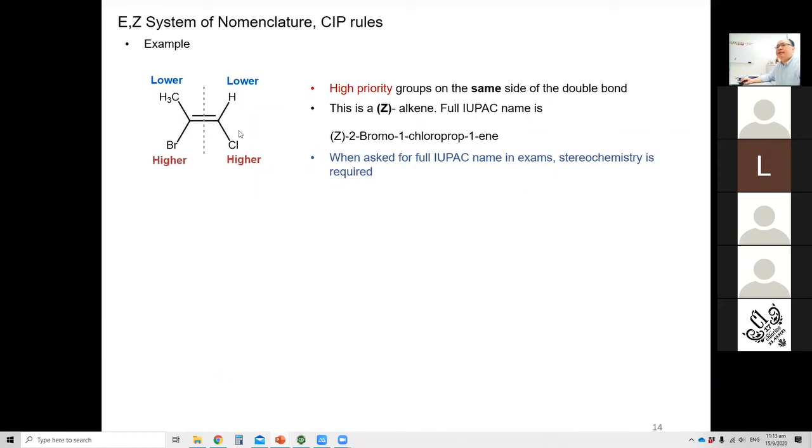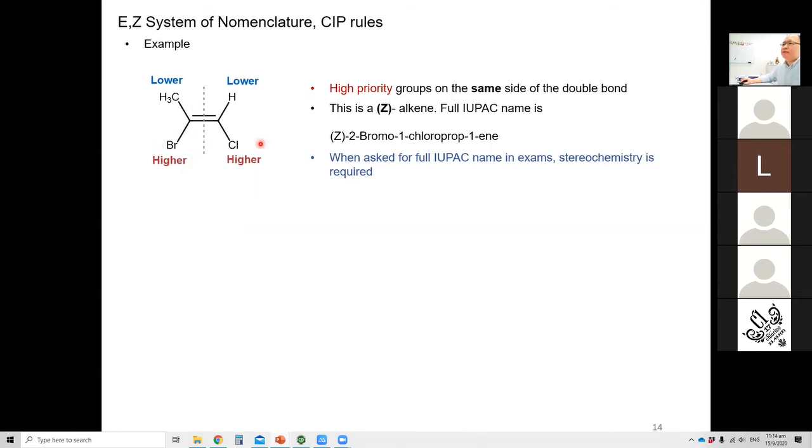For example, let's take this molecule. We have bromide, chloride, hydrogen, CH3. You don't compare them all together; you separate them and compare by carbon. On this carbon, we have a CH3 and bromide. Bromide is definitely higher because it has a bigger atomic number.